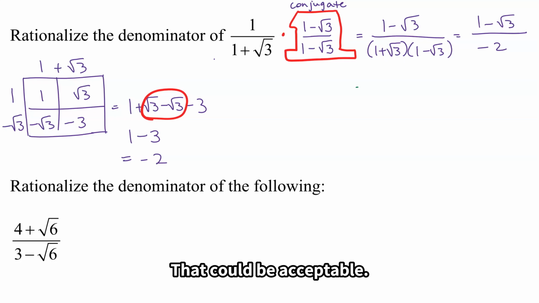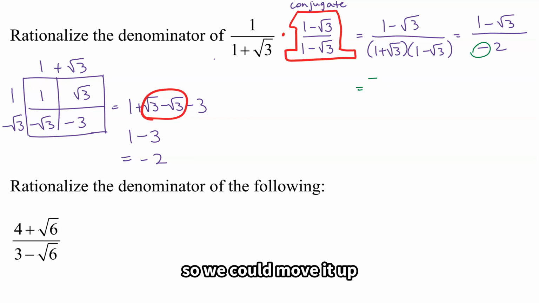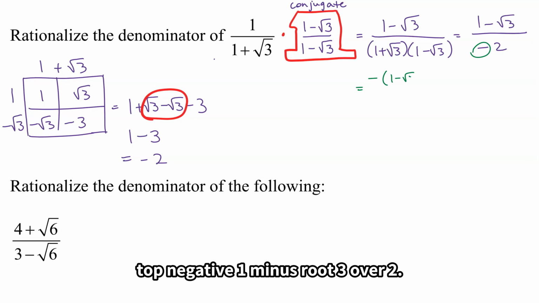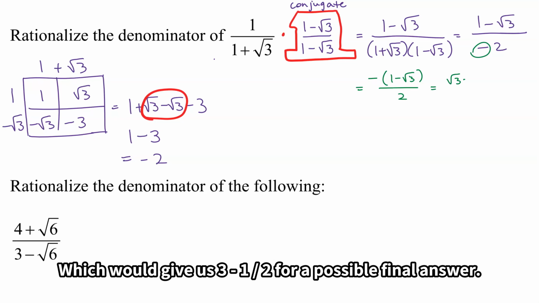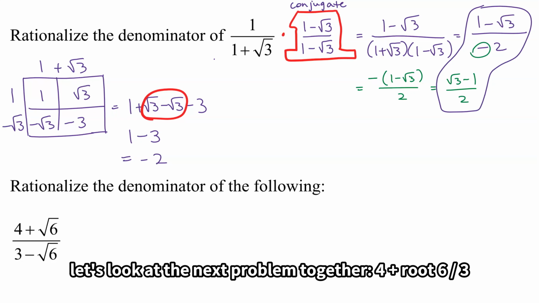That could be acceptable. A lot of times we don't like the negative on the bottom, so we could move it up top. Negative 1 minus root 3 over 2, which would give us root 3 minus 1 over 2 for a possible final answer. But either of these is correct.